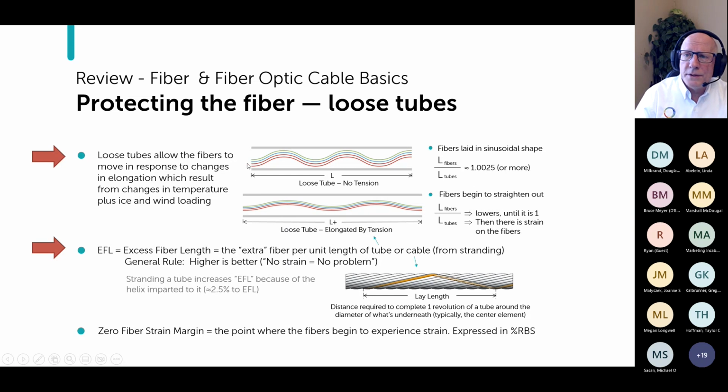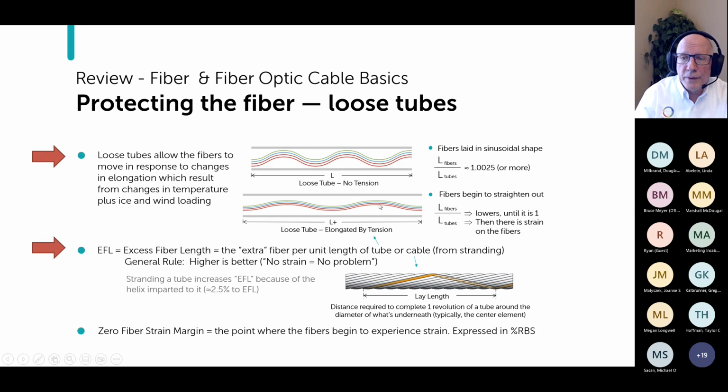So in the loose tube design concept, what goes on is that you lay the fibers in the tube in a sinusoidal shape. That means that the length of the fibers inside the tube is slightly more than the length of the tube itself. So if the tube gets elongated by tension or changes in temperature, the fibers are just going to begin to straighten out.